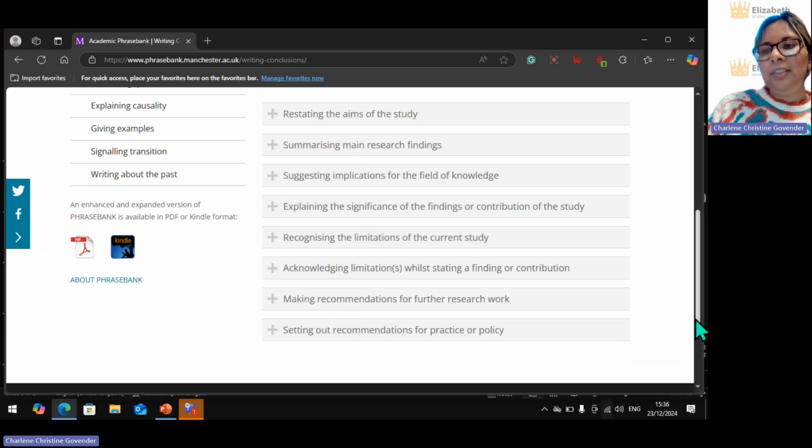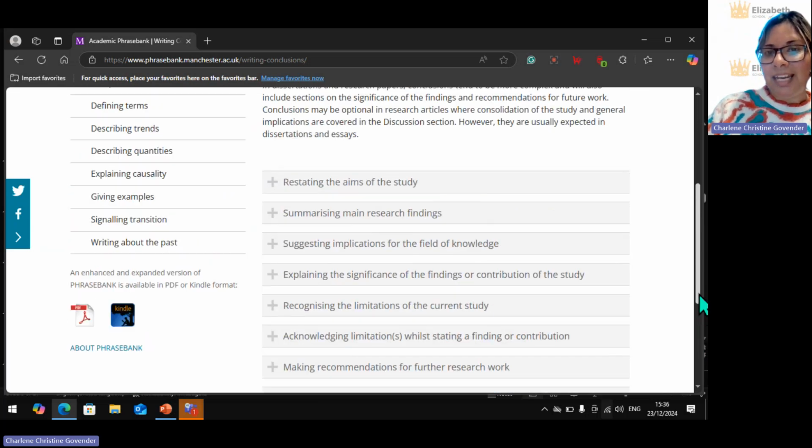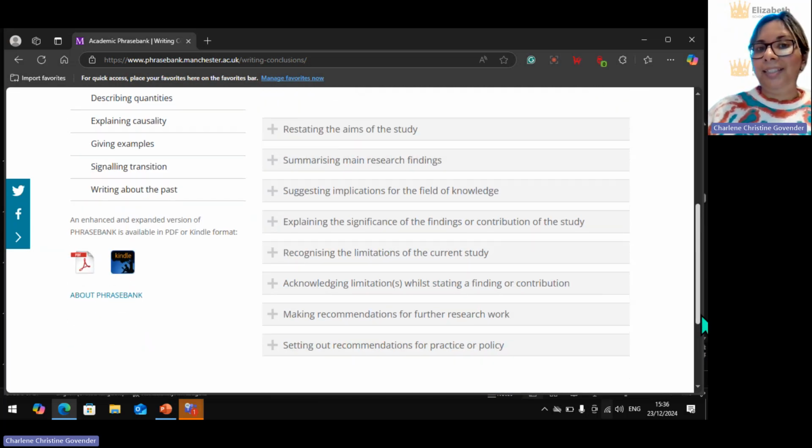A lot of these sections will be very much dependent on whether you're writing an essay, presentation or a report. Very few essays will talk about the limitations of your study. However, if you are doing a report, this is pretty much on track.